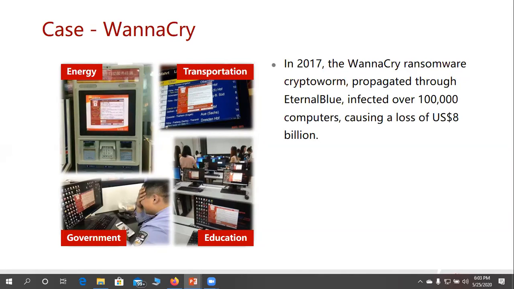So what happened here was that Windows had a vulnerability. What is a vulnerability? This is a weakness in the system or its design, okay? So the Windows operating system is made up of millions and millions of lines of code, you know. So the coding is done by we humans, so we make mistakes, okay?